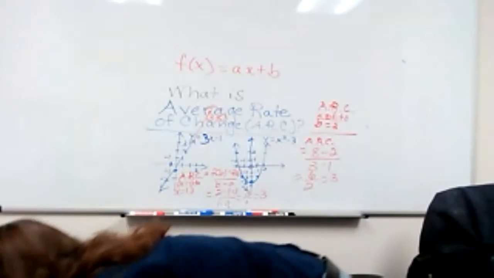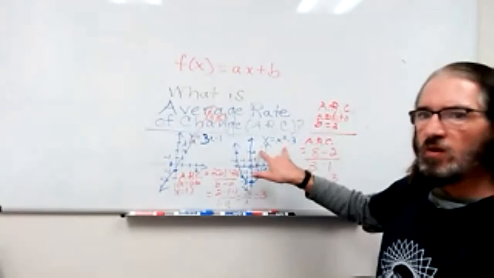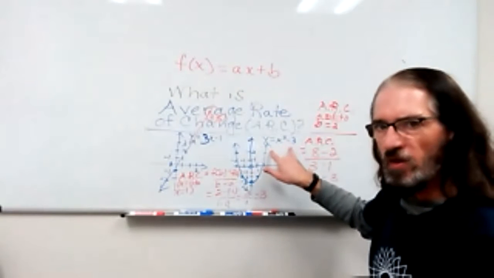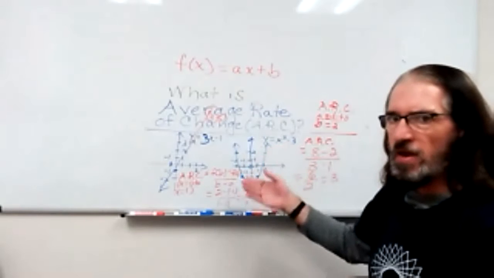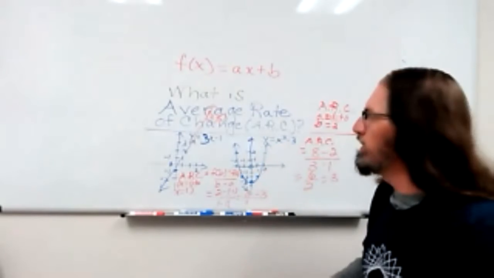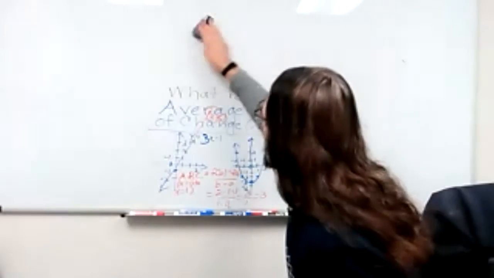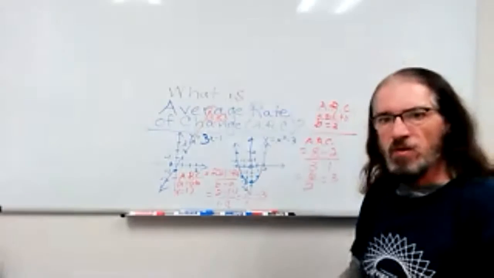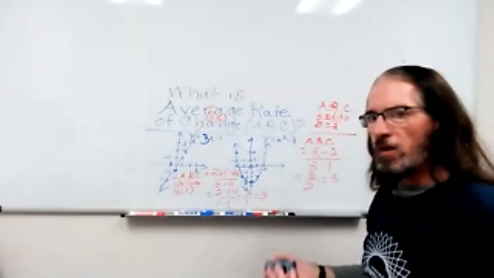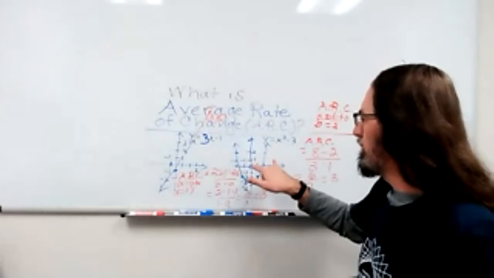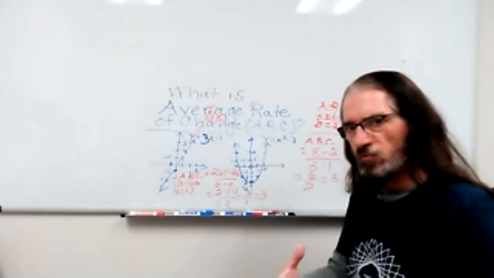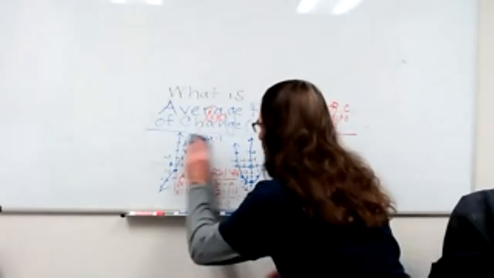In the meantime, I want to point out here using the function y equals x squared minus 3. If you want to call that f of x or g of x, that is fine. Depending on the pair of points we pick, we're not going to have the average rate of change staying the same there.